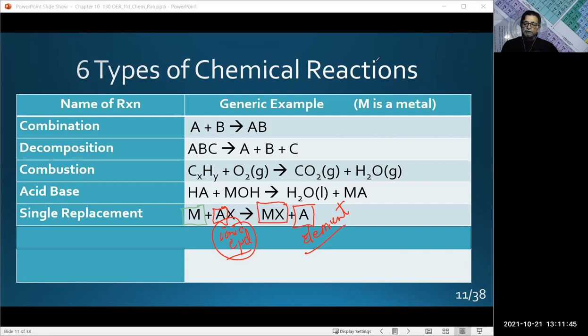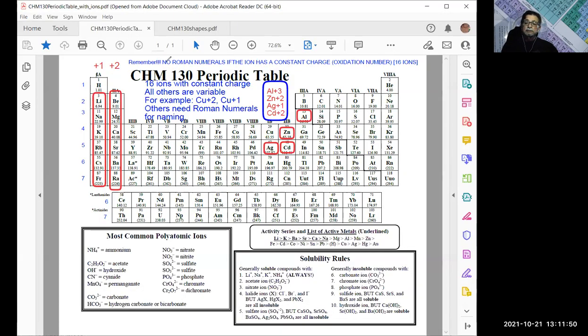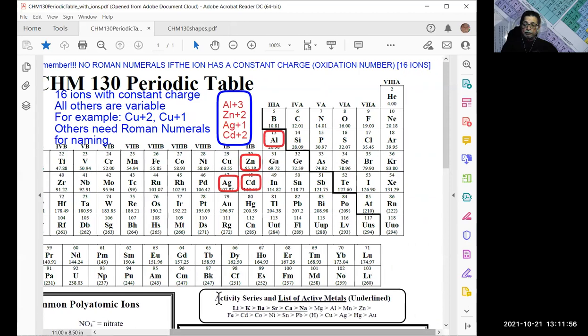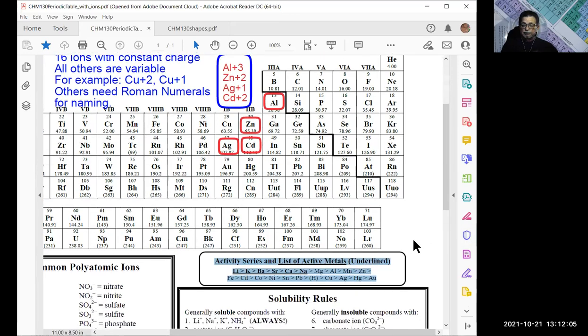And we utilize the periodic table. On the right side, there is what we call an activity series, okay? Not necessary to memorize it because you have it there.